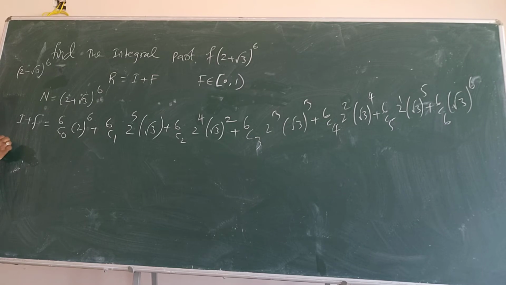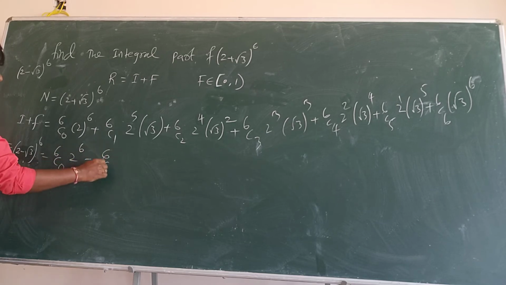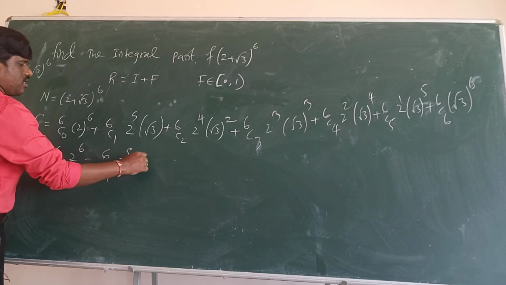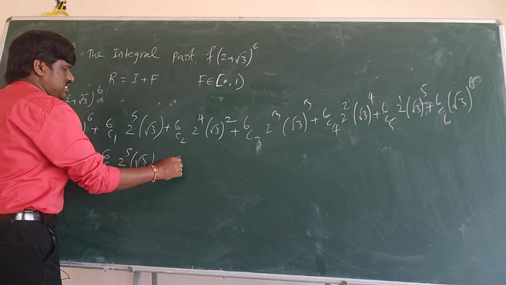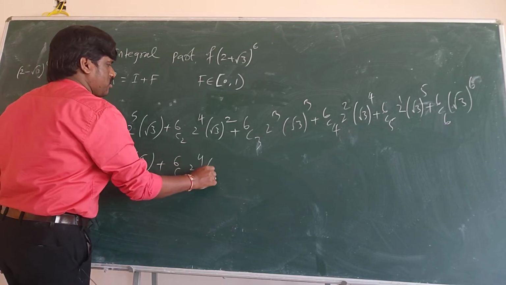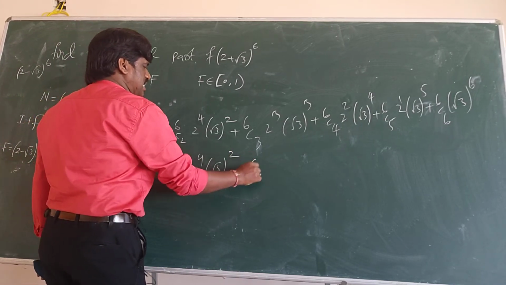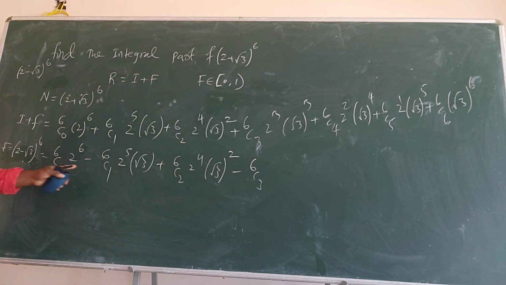I am taking another number capital F as (2 minus root 3)^6. If I expand this one, I get 6C0 2^6 minus 6C1 2^5 root 3 plus 6C2 2^4 root 3 squared minus 6C3 2^3 root 3 cube. Wherever the power is odd you get minus.